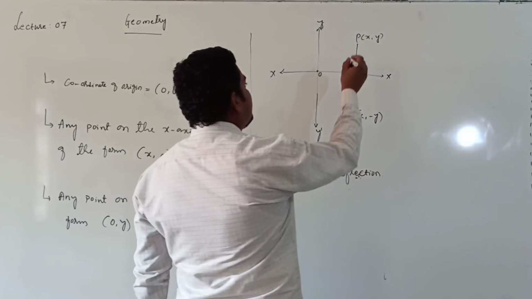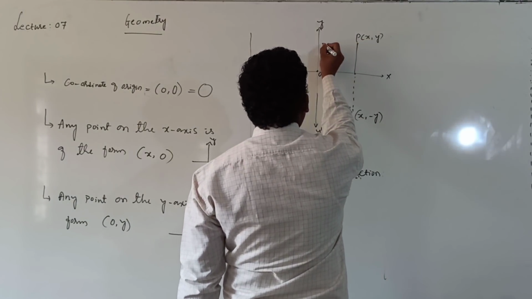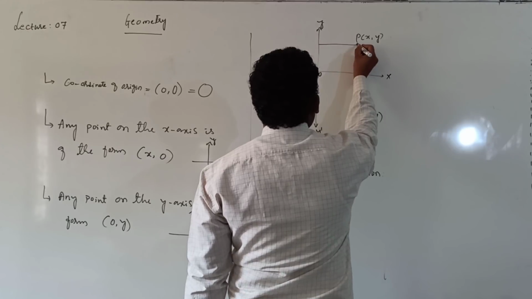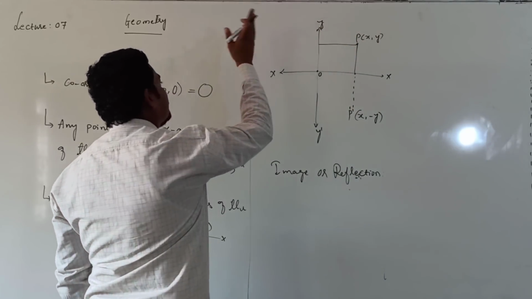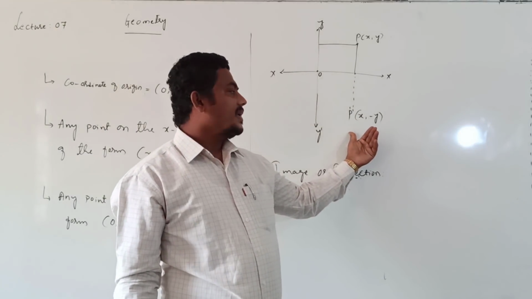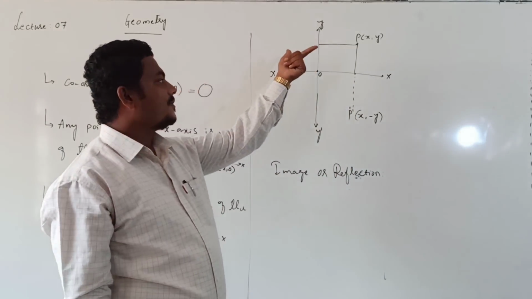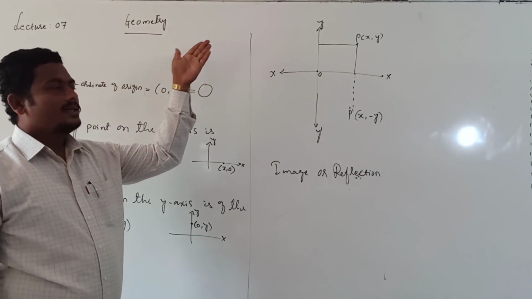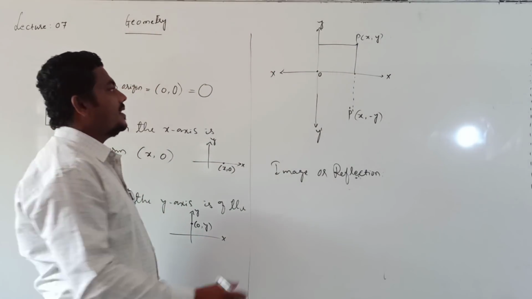Then what is the image of P with respect to y-axis? With respect to y-axis it is in the second quadrant, while with respect to x-axis it becomes in the fourth quadrant.